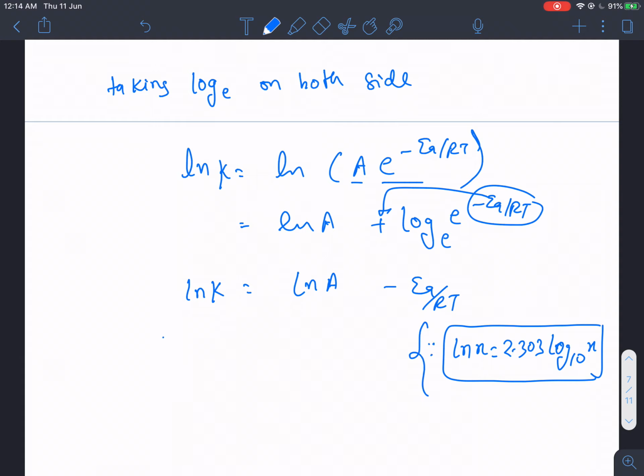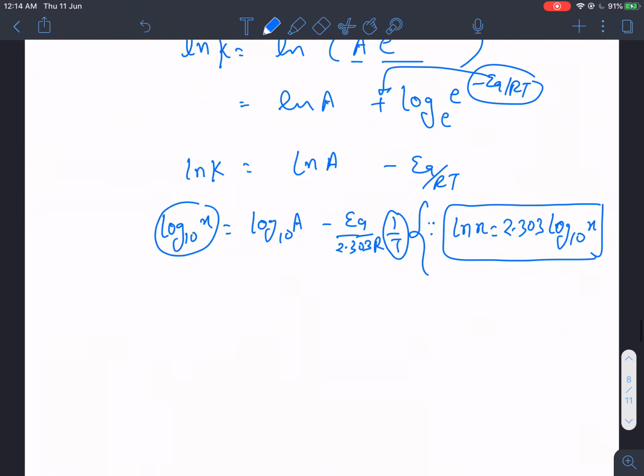Right, so can I write log to the base 10 k is equal to log to the base 10 A minus Ea upon 2.303 R times 1 by T. Now guys, if you would like to plot the curve, on the y-axis we are taking log to the base 10 k.